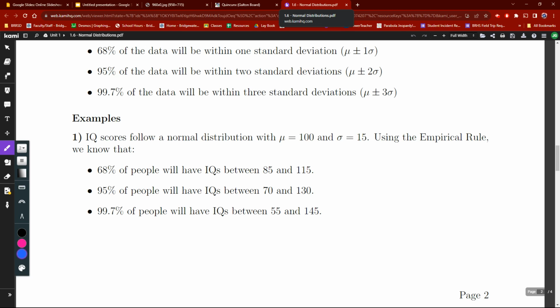If we had IQ scores with a mean of 100 and a standard deviation of 15, we could use the empirical rule, and that's going to tell us that 68% of the people are going to be between 85 and 115. 95% will be somewhere between 70 and 130, and almost everybody, 99.7%, will be somewhere between 55 and 145.